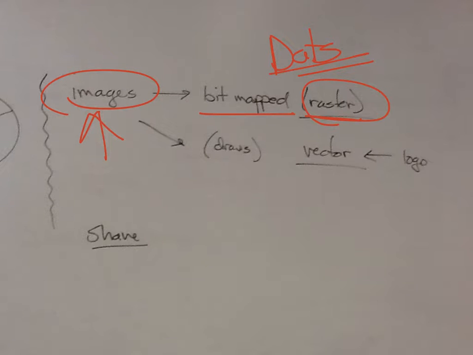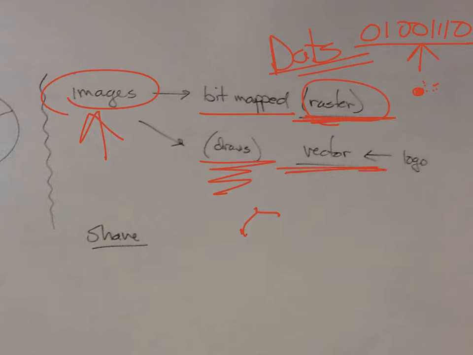So we use a bit pattern, 0, 1, 0, 0, 1, 1, 1, 0 maybe. It's a little more complex than that, but that represents what that dot looks like. And we put a whole bunch of dots together and we get a picture. It's called raster. There's a way to draw pictures much more accurately by creating an arc between dots, and they're called vector.